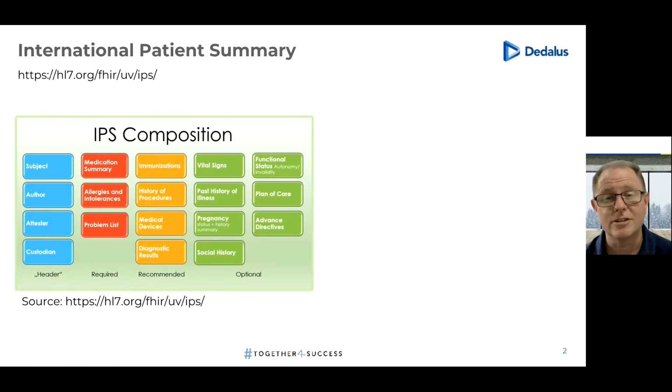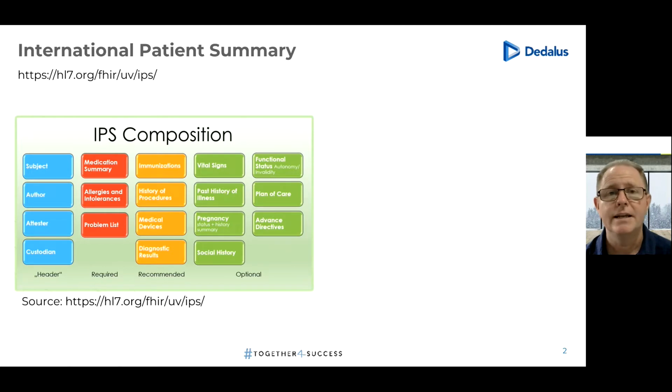This diagram is taken straight from the HL7 website, and thank you to them for creating such an easy to follow diagram of what is in the International Patient Summary and how it's structured. I mentioned that it's similar to a CDA document in the types of data that it's storing.